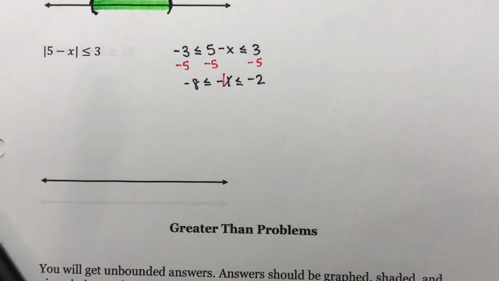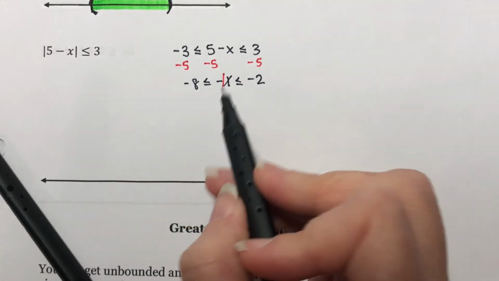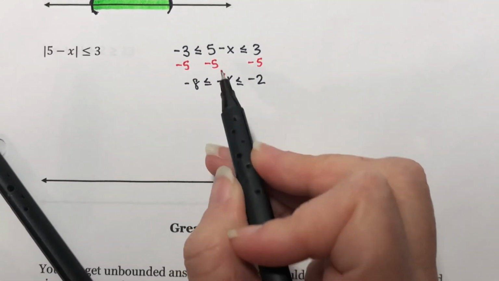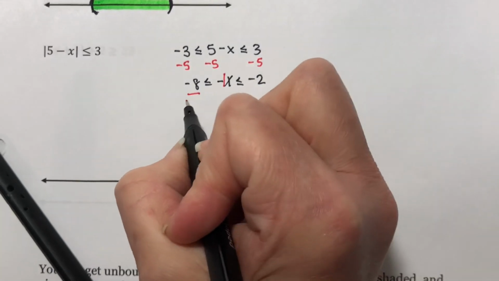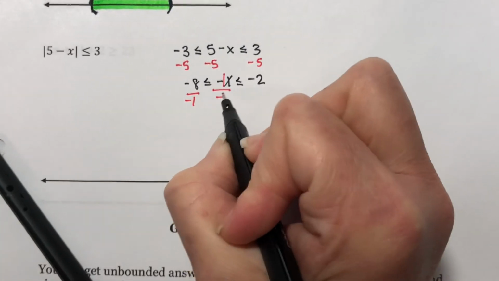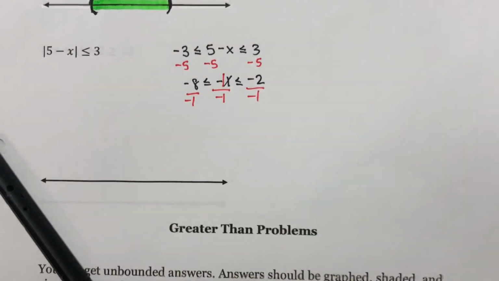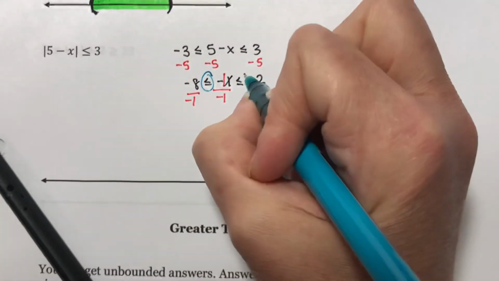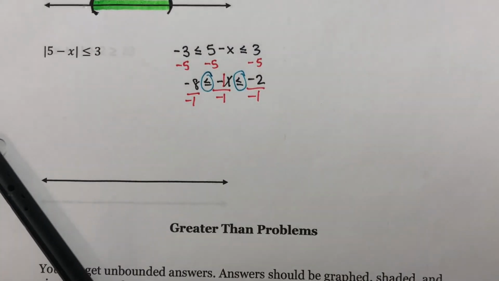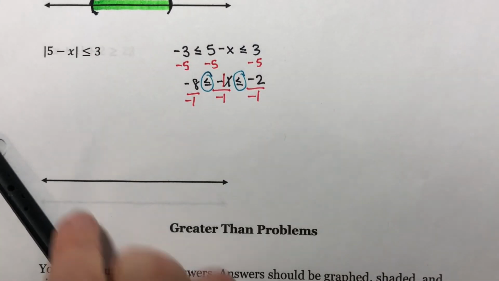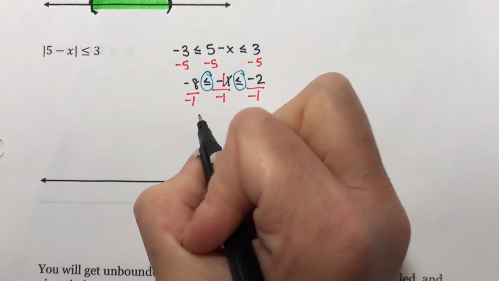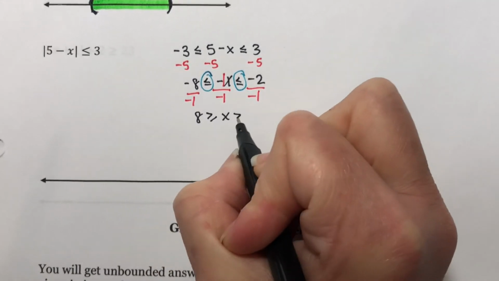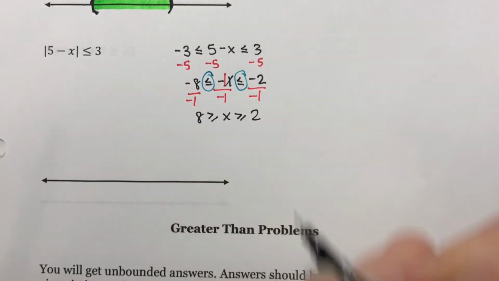Okay, so we've got -x alone in the middle. We need positive x. We need to divide everything by a -1. And then when I divide by a negative, I have to flip my signs around, both of them. So I end up with 8 is greater than or equal to x is greater than or equal to +2.